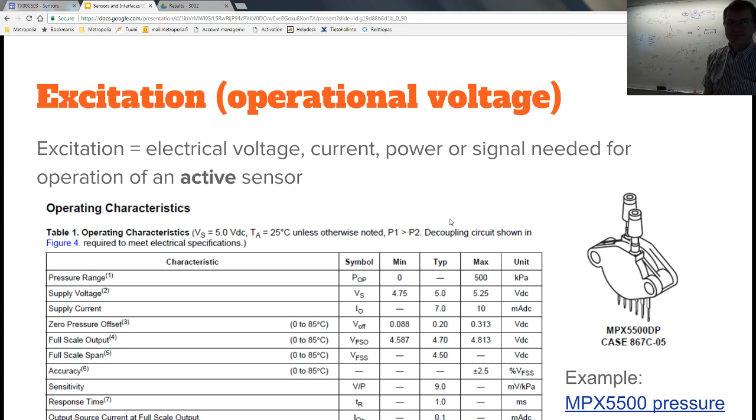So excitation. Now we get excited. Almost all sensors need some excitation. It's not too often that the signal can be directly used. Like how you measure resistance.